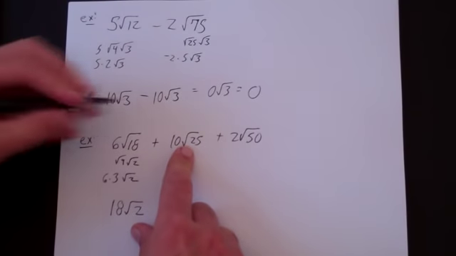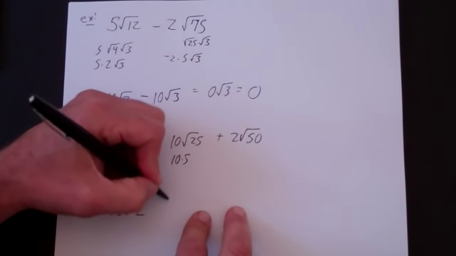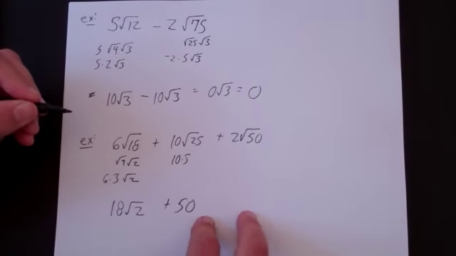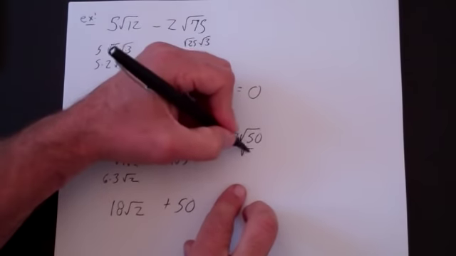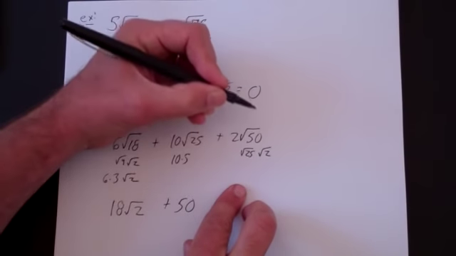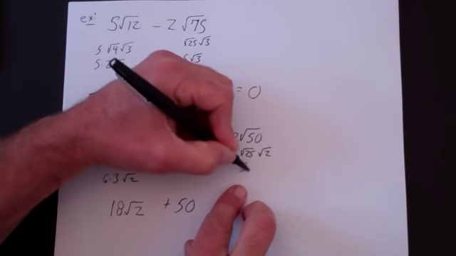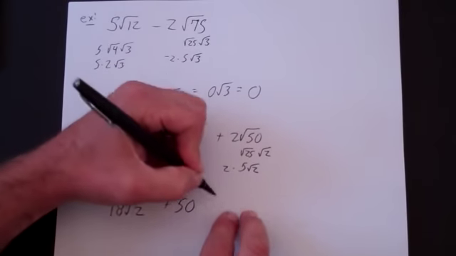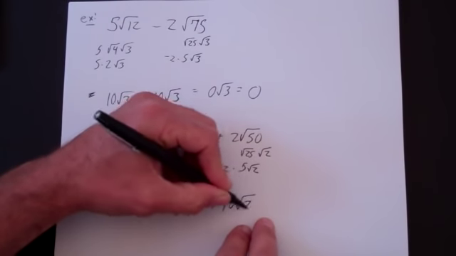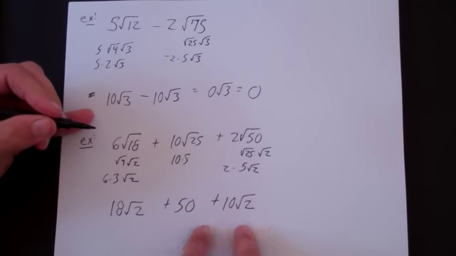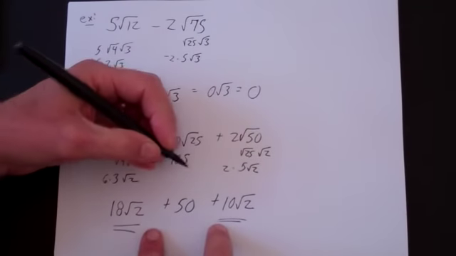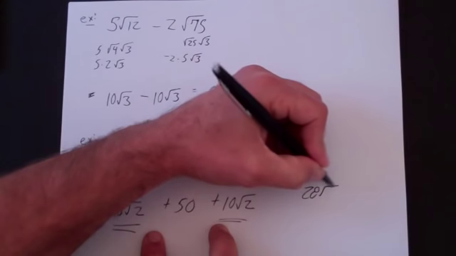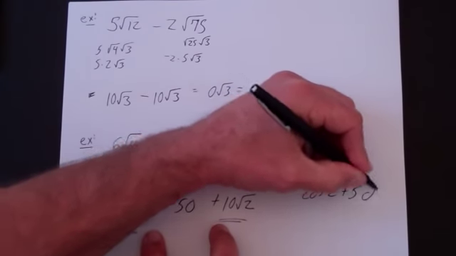Root 25 is just 5, so that's 10 times 5, that's just 50. And this is 2 root 50. Root 50 would be 25 and 2. That's a 5 root 2. 2 times 5 root 2 would be plus 10 root 2. See if anything's the same now. That's a root 2 and root 2. That's 28 root 2 plus 50. And that's how you do it.